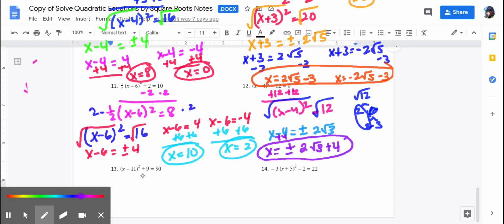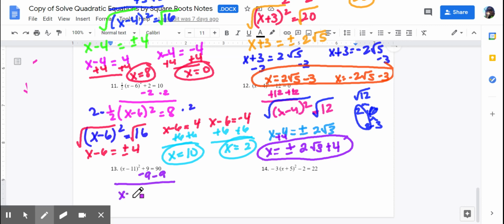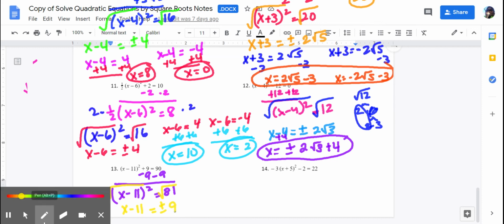For number 13, I want to subtract 9 from each side. So I'll have x minus 11 squared will equal 81. I'll want to square root each side. So when I do that, I'm left with x minus 11 equals the positive and negative version of 9.